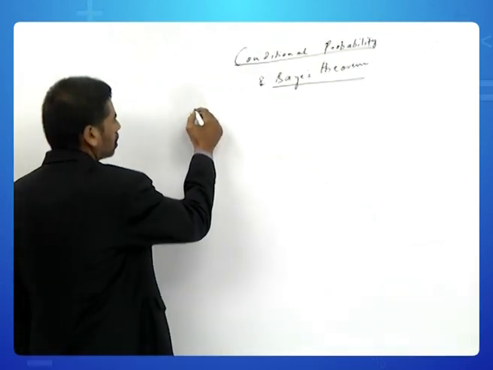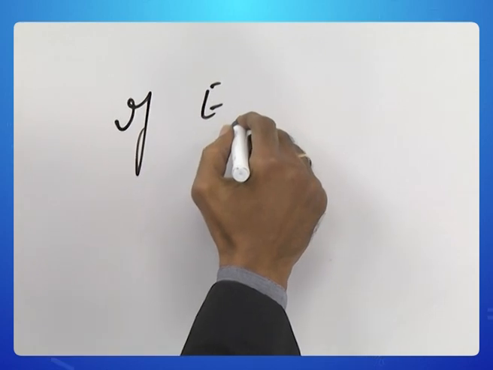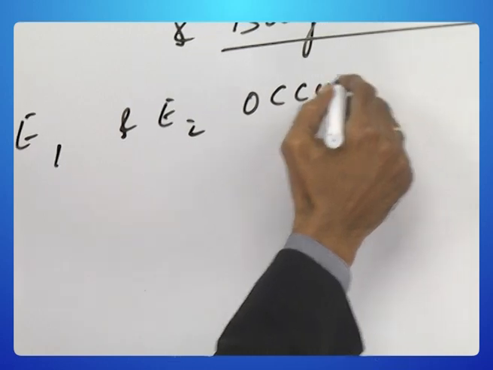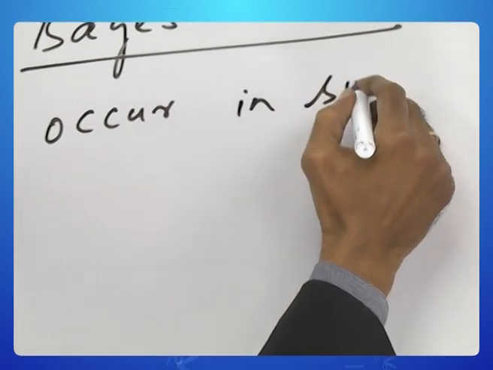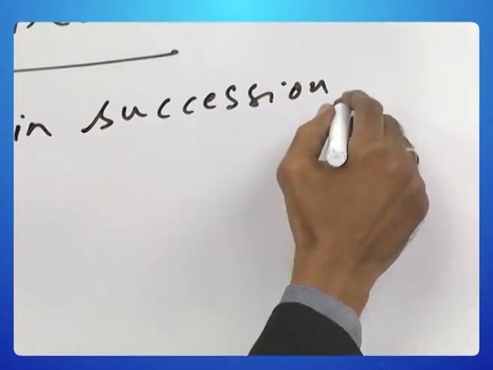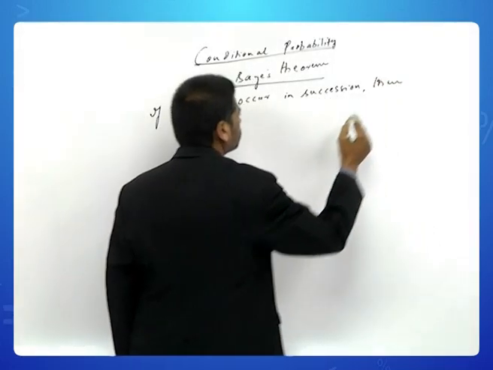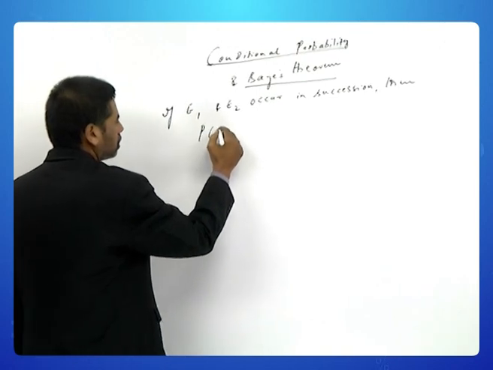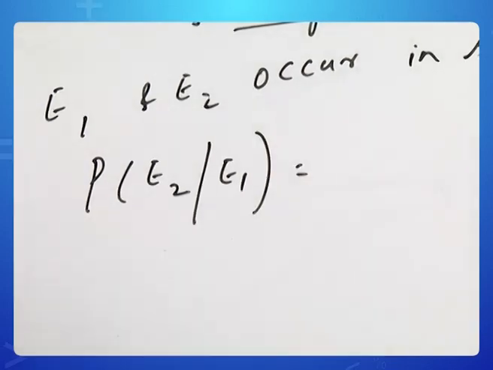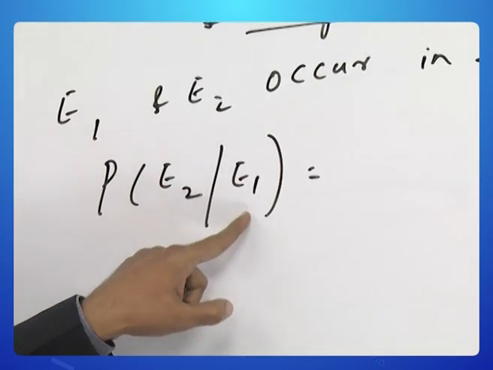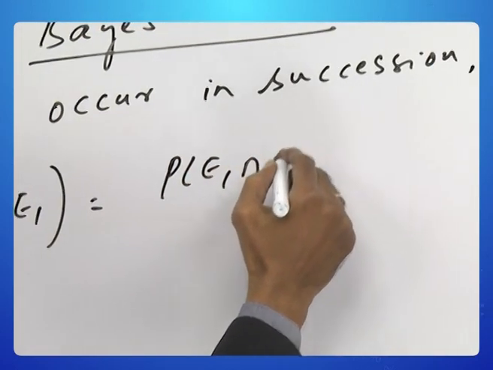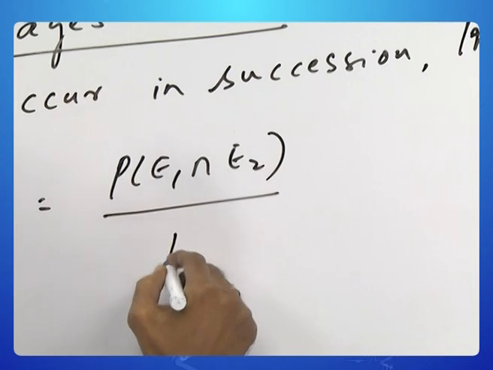So, if E1 and E2 occur in succession, then the conditional probability of E2, given that E1 has already occurred, is given by probability of E1 intersection E2 divided by probability of E1.